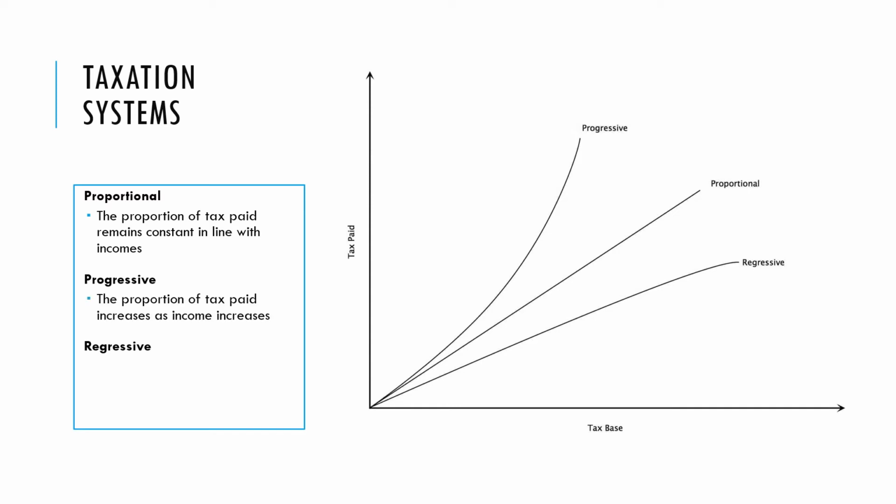A progressive tax system means that the proportion of tax paid increases as incomes increase. So we can see that here, as incomes start to rise, the tax we're paying is increasing. So a high earner is going to pay a greater percentage of their income as tax than a low earner.